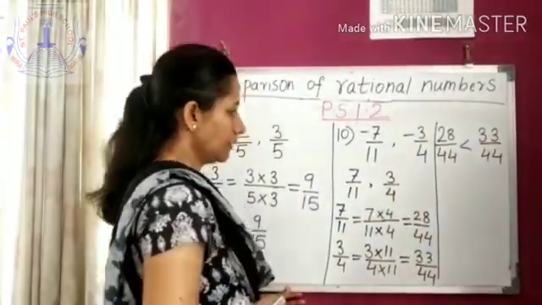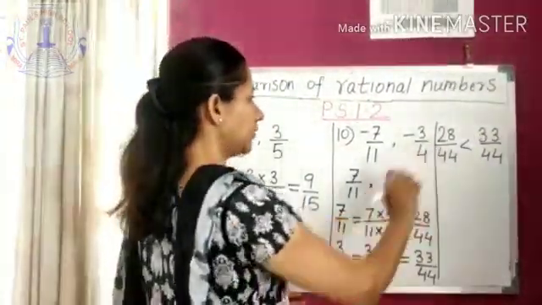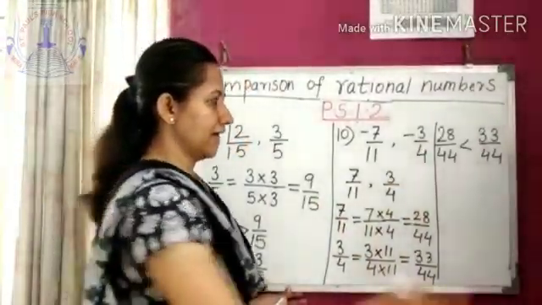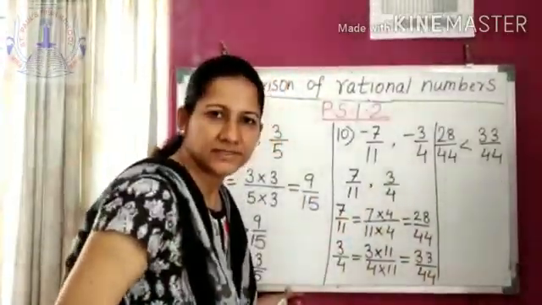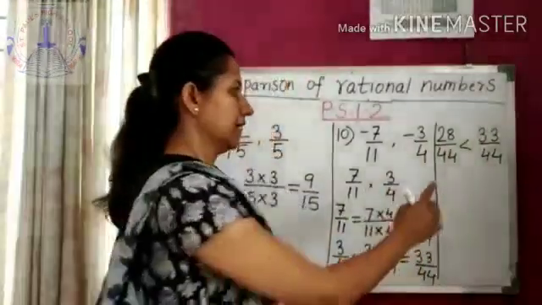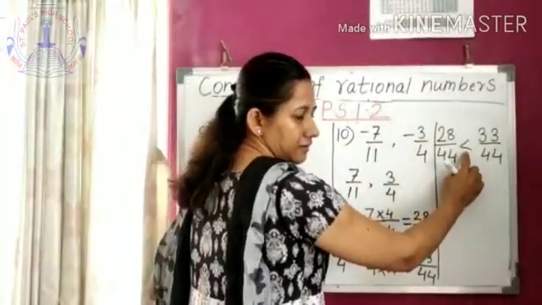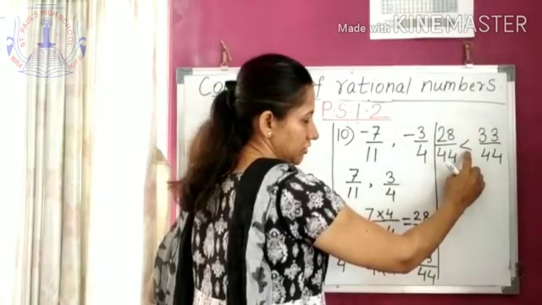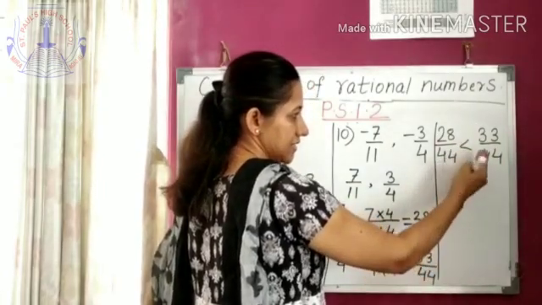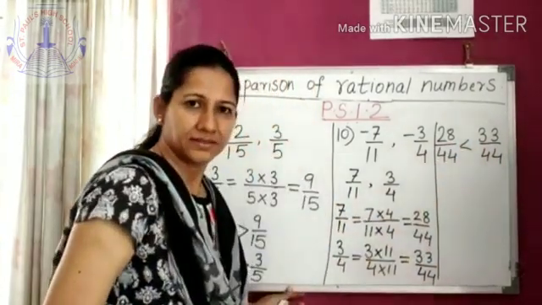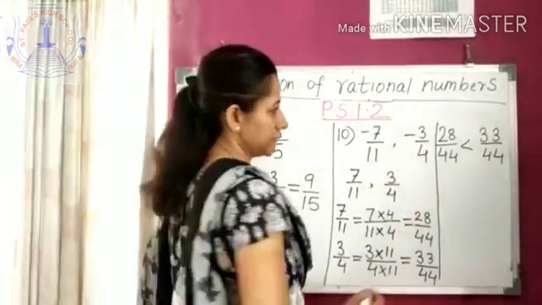Now, what about negative 28 upon 44 and negative 33 upon 44? When signs change, as I said, this sign will also change. So here it will be reversed. Since it is less than, it will become greater than, as per the number line concept.